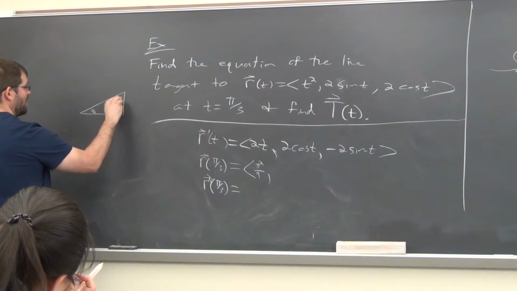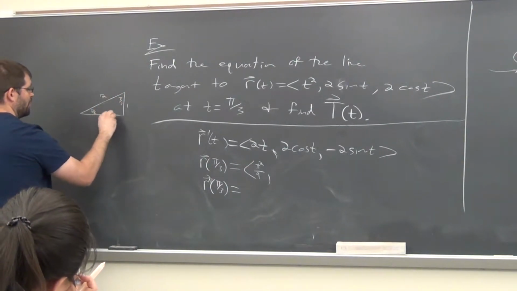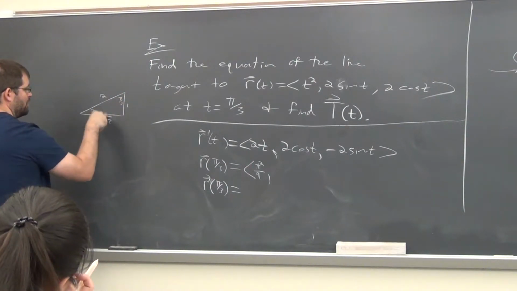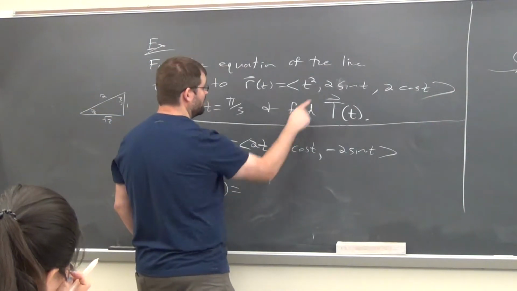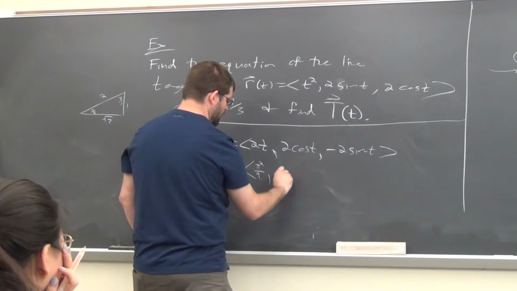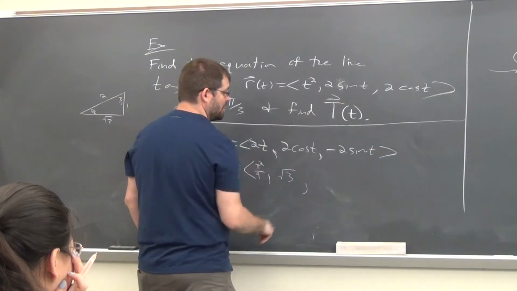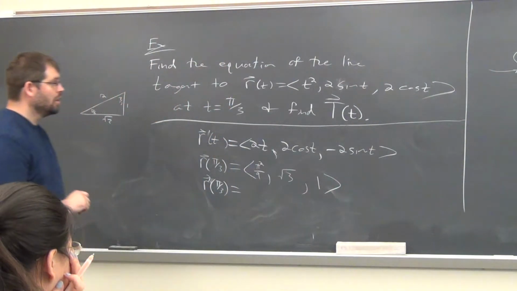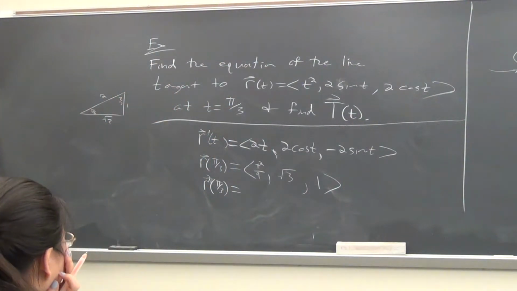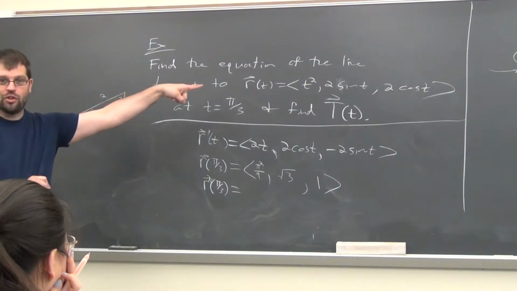Here's pi over 3. 1, 2, root 3. Sine is root 3 over 2, right? And so times 2, we'll just get root 3. And then cosine is 1/2, right?